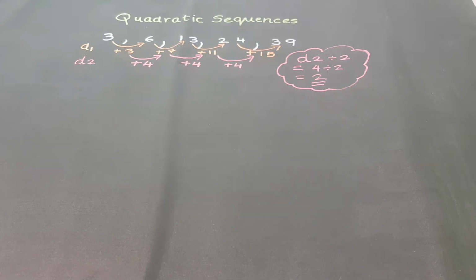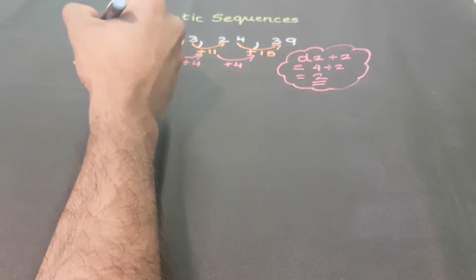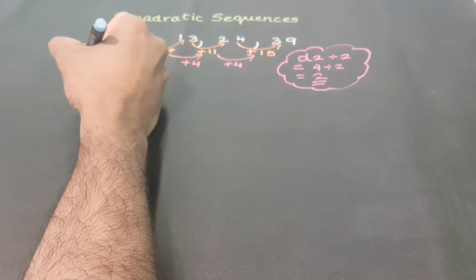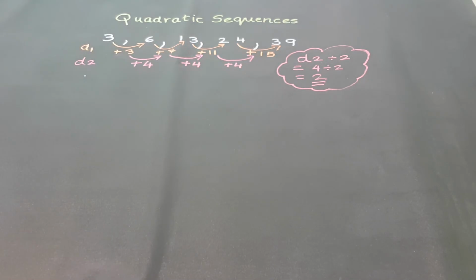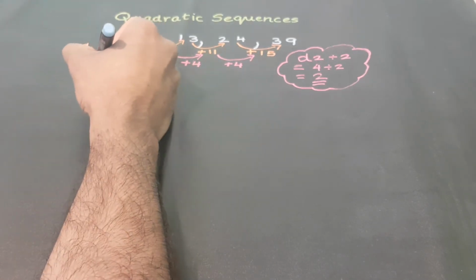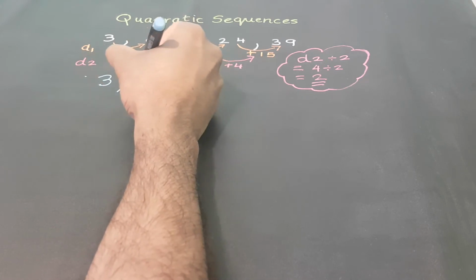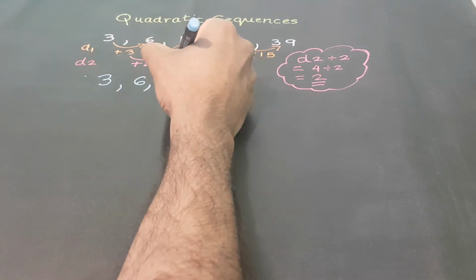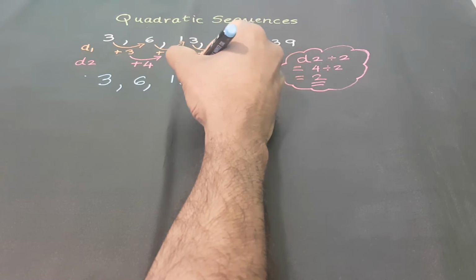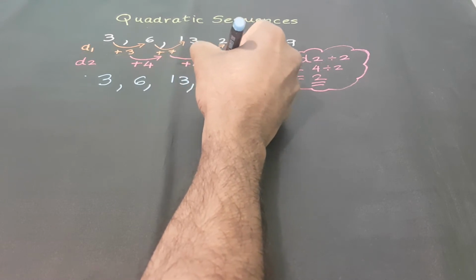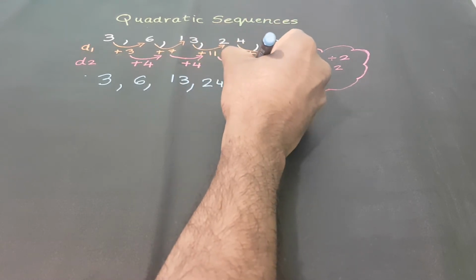Okay, once we've done all of that, I'm going to rewrite my original sequence over here. I'm going to start off with 3, 6, 13, 24, and 39.